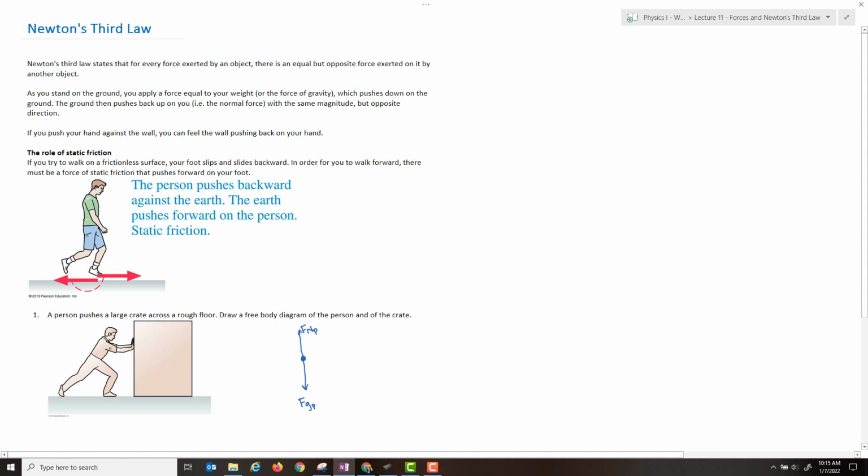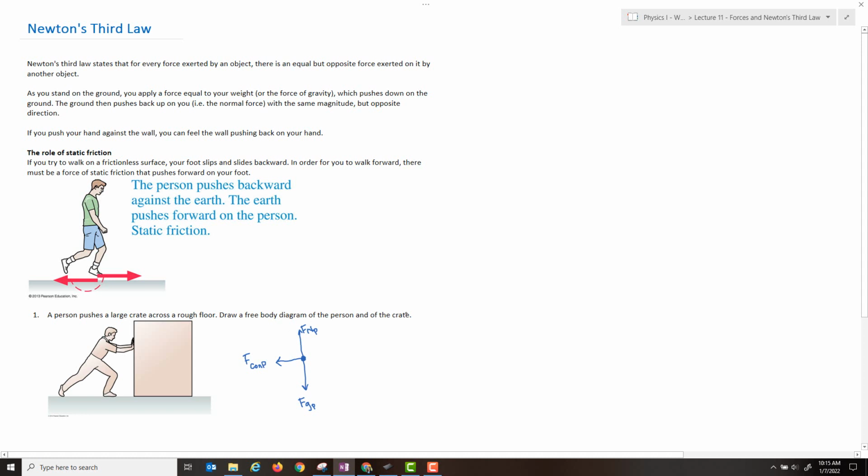But the person feels the crate pushing back on the person. So this would be the force of the crate on the person. Crate on person. Okay, that is like the reaction force. You push against the crate, the crate pushes against you.